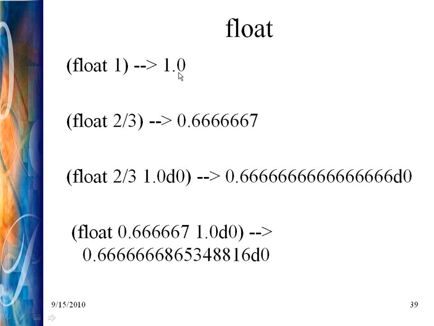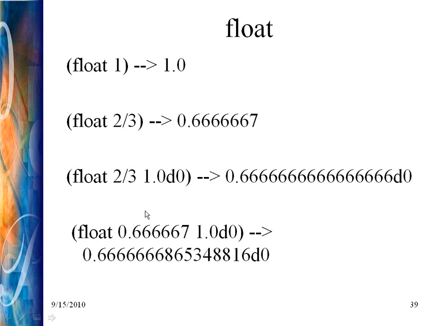Float 1 returns 1.0. Float 2/3 returns the single float 0.6666667. Float 2/3 with the second argument, 1.0d0, actually gives a whole string of sixes, much longer. And then here is a very important one to notice.